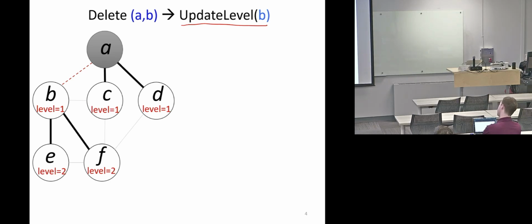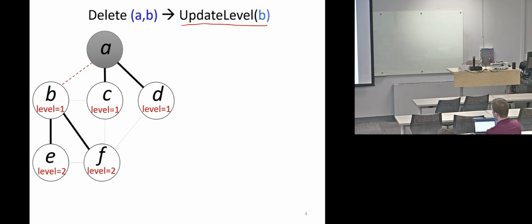So basically what B should do is: now my shortest path, my level, might change. So I'm just going to scan through all of my neighbors, to see how I can connect to my neighbors in the best way. The best neighbor of mine is C, because C is the minimum level neighbor.